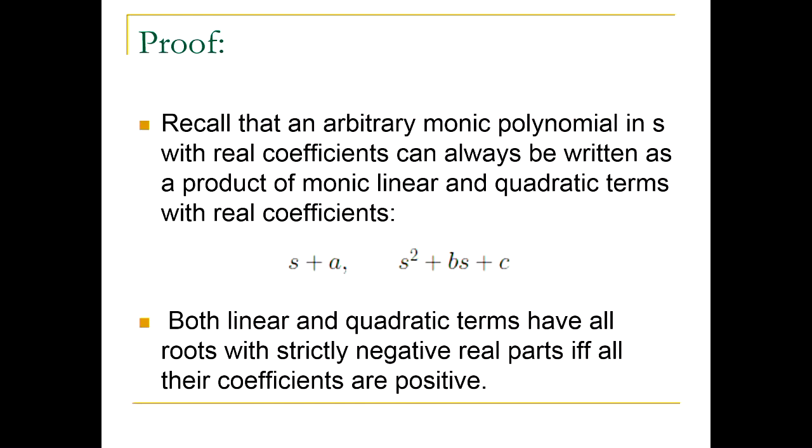Well, note that an arbitrary monic polynomial with real coefficients can be written as a product of terms like this. Since the test is also sufficient for first and second order polynomials, if the system is stable, then A should be positive, and B and C should be positive for any such term. When you multiply out these terms, you will get something that's positive for the full polynomial. That's the proof. It's easy.